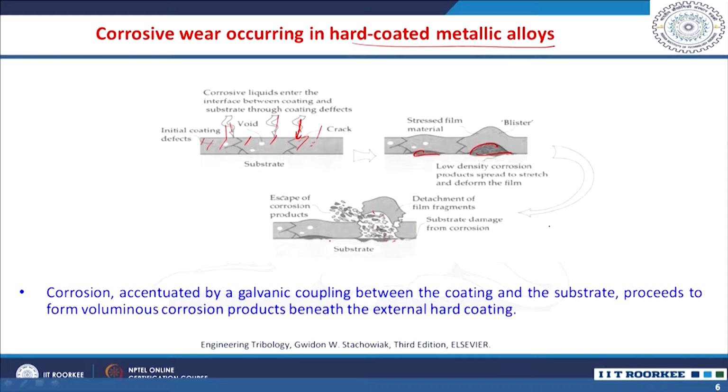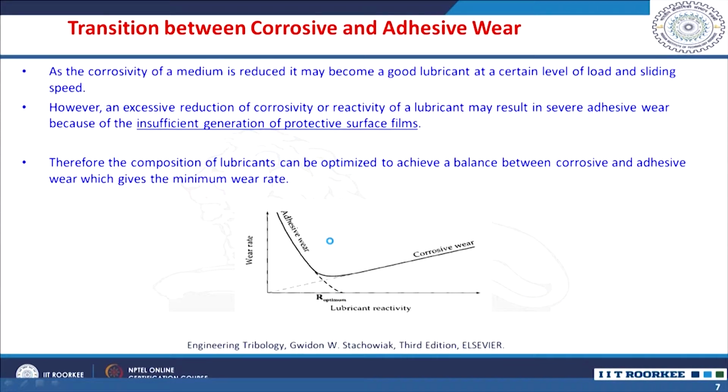So, corrosion accentuated by galvanic coupling between the coating and the substrate proceeds to form voluminous corrosion products beneath the external hard coating. Corrosive wear is one of the important wear mechanisms that occur in metallic alloys coated by hard materials, right, in corrosive conditions. So, there always happens a transition between corrosive and adhesive wear.